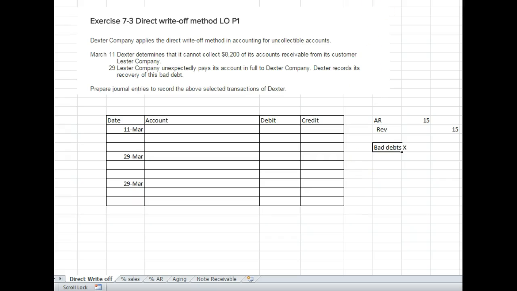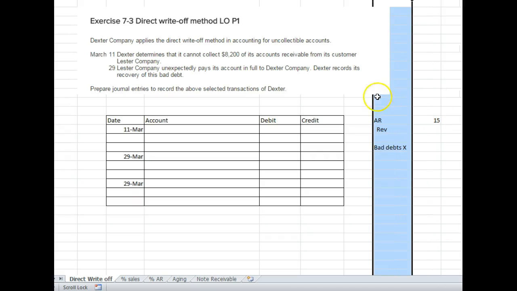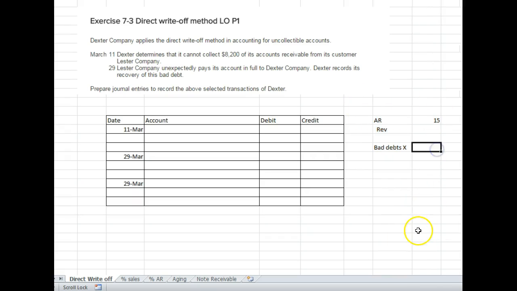And that comes directly off of revenue when everything is said and done. So what I'm going to do is a bad debt expense debit, and then an AR credit, which gets it off the books.